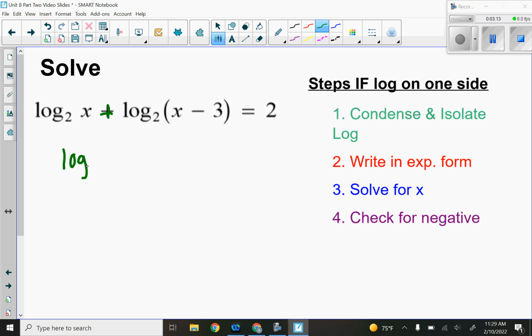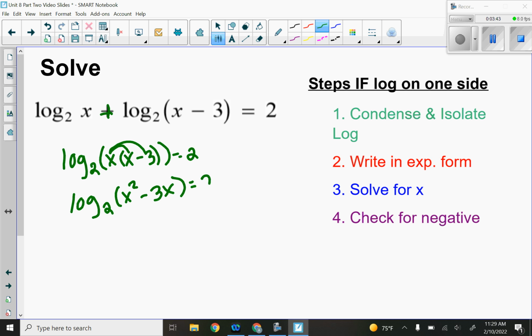Log base 2, we're taking x times x minus 3 equals 2. So I still need to work on condensing that a little bit. I can distribute that x. So we're taking the log base 2 of x squared minus 3x equals 2.